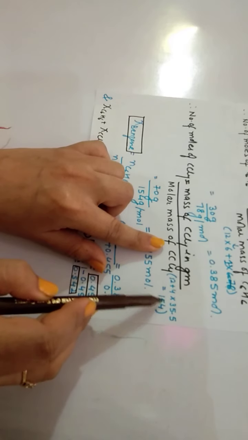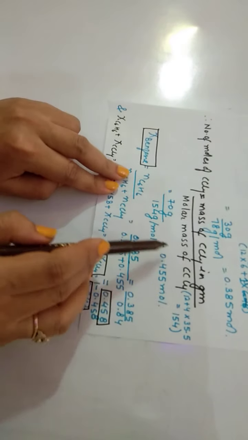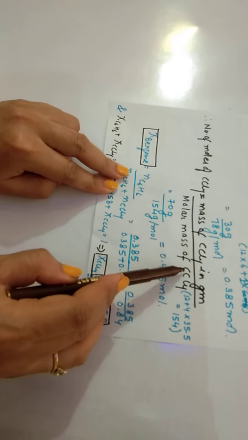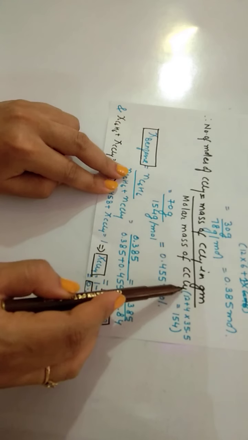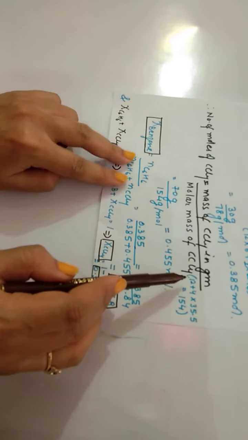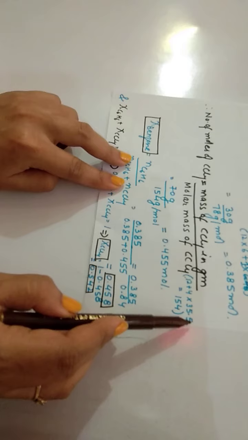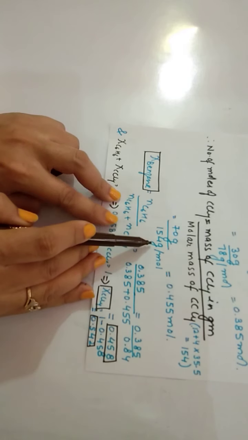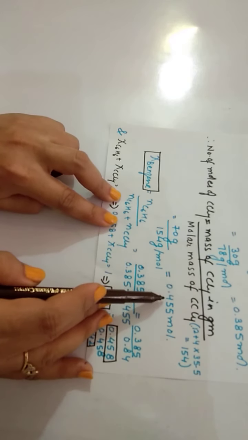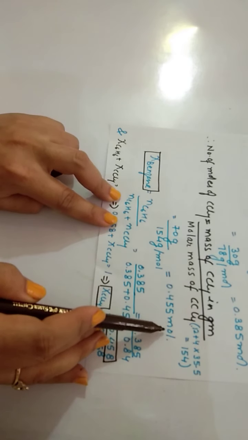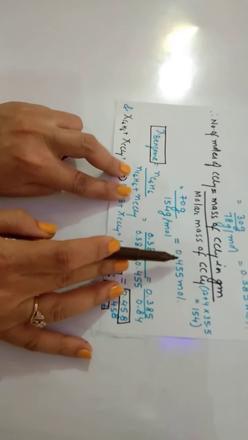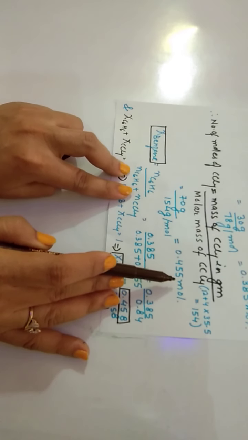So the molar mass is coming out to be 154. On putting the value in the formula, it is 70 gram upon 154, so it is equal to 0.455 moles. So we got the number of moles of benzene and the number of moles of CCl4.